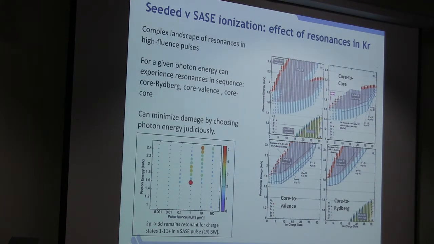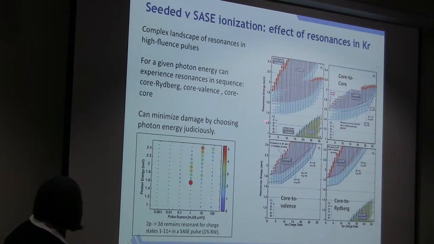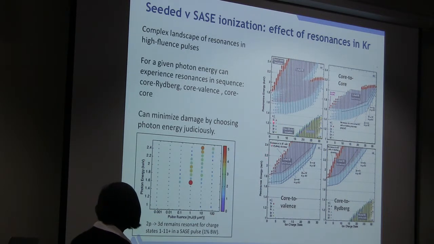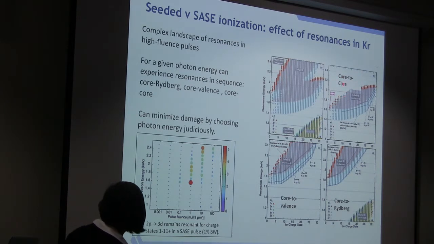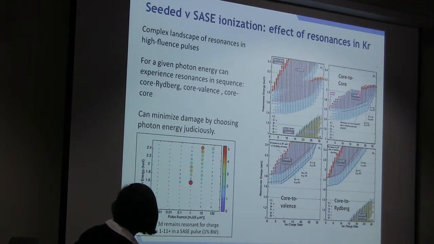And then we also wanted to investigate what would happen in some of these other situations, and so we made this complex landscape of resonances in these high-phase pulses. This is an example of krypton. What you see if you pick a particular photon energy, say 2 keV or so, is this is all of them together, but here they're separated out into resonances for core-to-core, core-to-valence, and core-to-Rydberg.